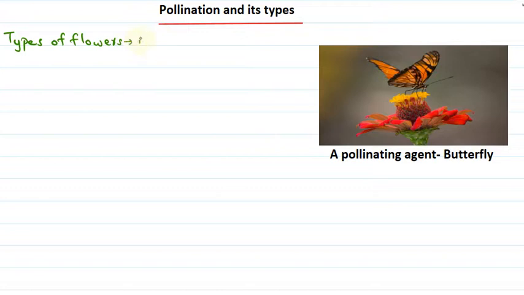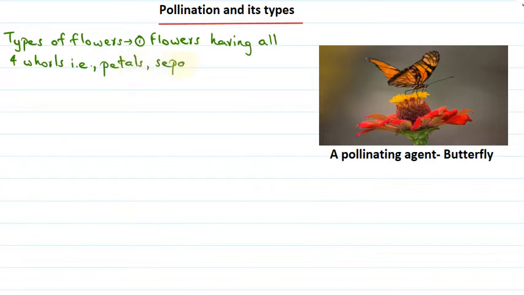The first type of flowers are those having all the four whorls, that is, as we have studied, petals, sepals, stamen and pistil.